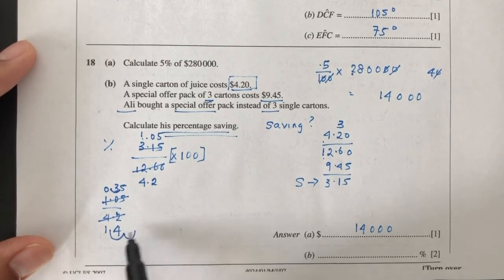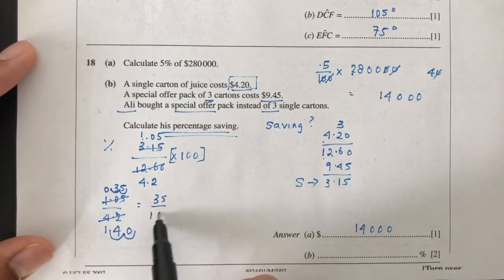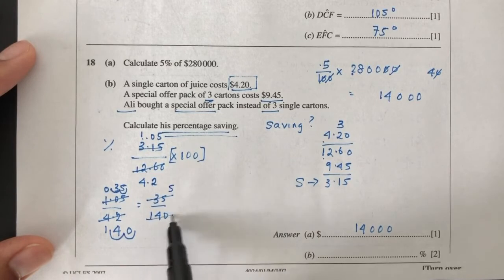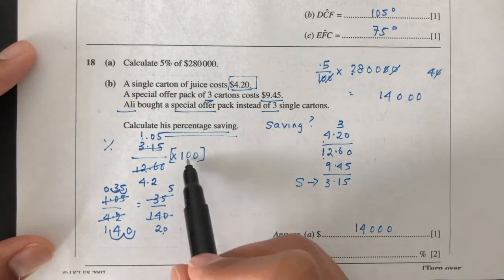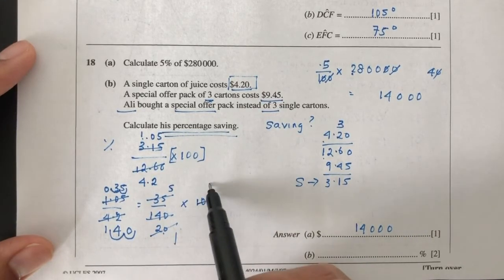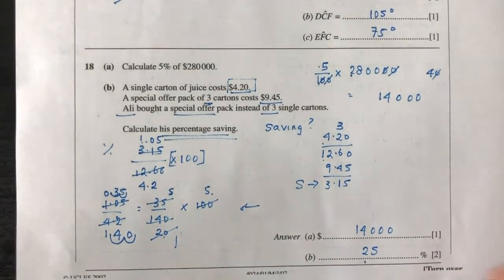If you move another 1, we have to move another 1. So 35 over 140. Let's divide by 7. We'll have 5 over 20. Now bring this back times 100. This 1, 5 becomes 5 times 5 will be 25. So your answer is 25% for the percentage saving.